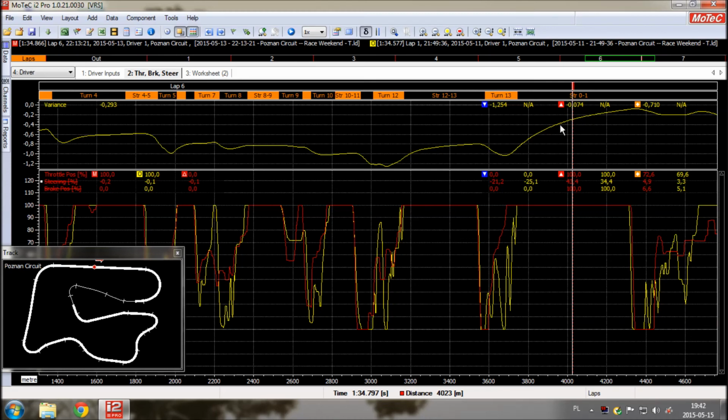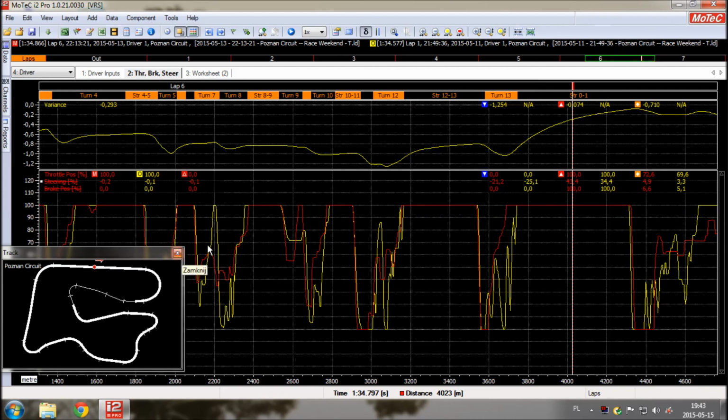So only here he gained half a second, so it's a lot. Of course, still the laps aren't consistent, which is also the key to start thinking about changing something in the car. But yeah, I'm very happy.